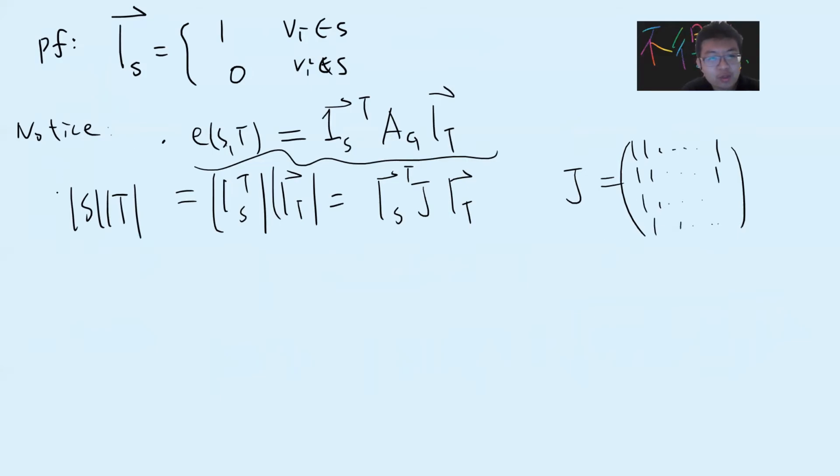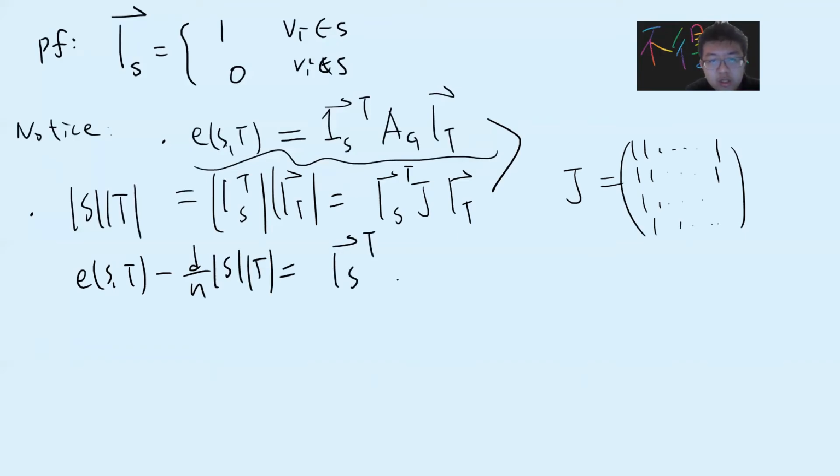This is the simple observation. With these two, you can write E(S,T) minus d over n times |S||T| as 1_S^T (A_G minus d over n J) 1_T, and you take the magnitude.